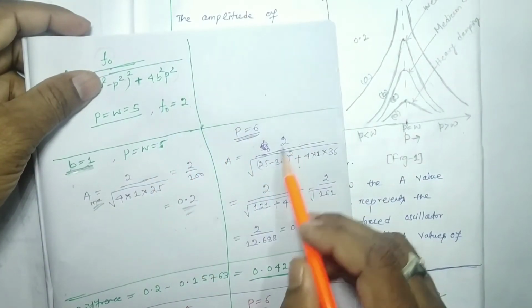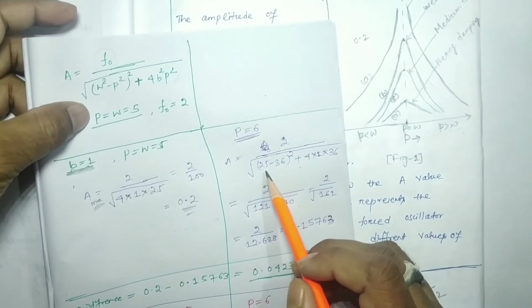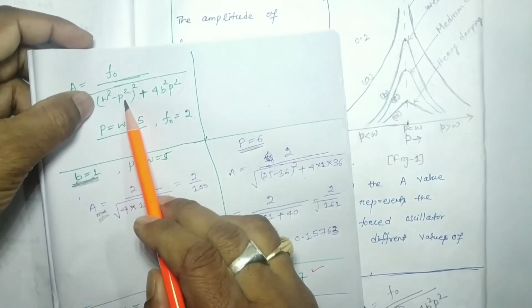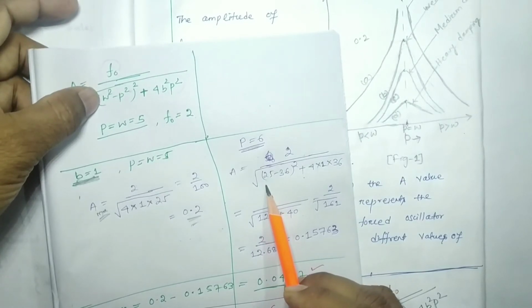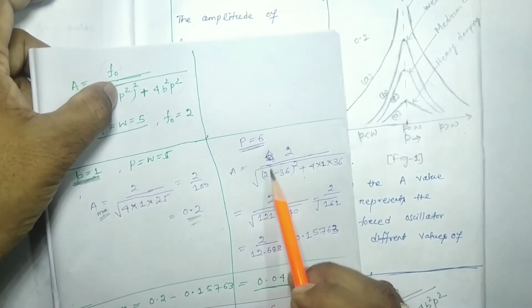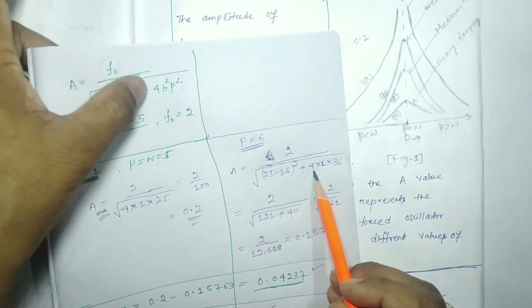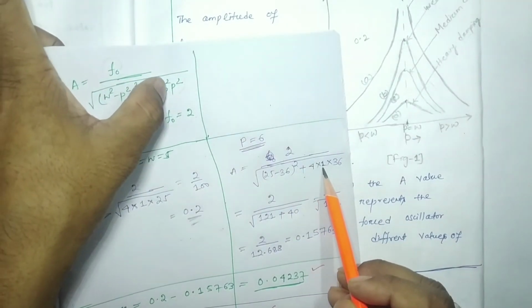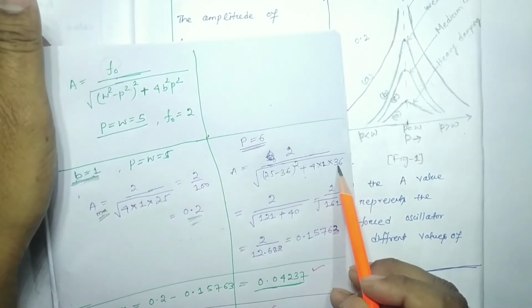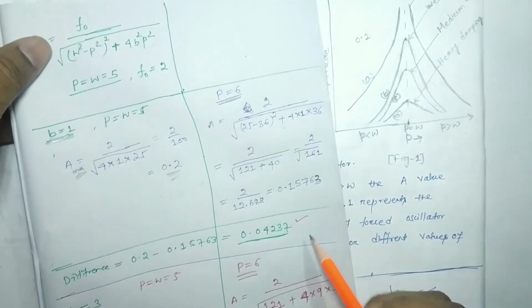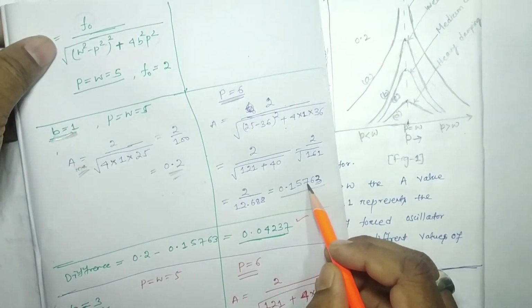F0 we consider 2, root over of omega square minus p square whole square. Omega square is 5 square, 25, minus p we considered as 6, 36, whole square, plus 4 into b we consider 1, into p square, 6 square, 36. By calculating, we found 0.15763.